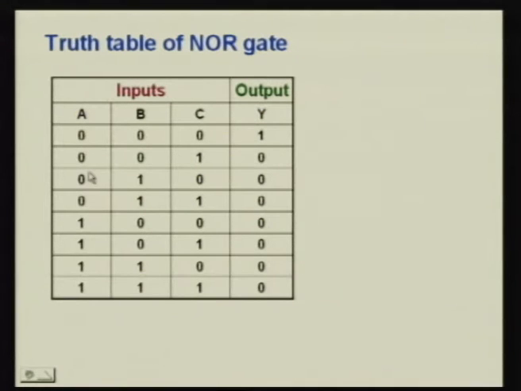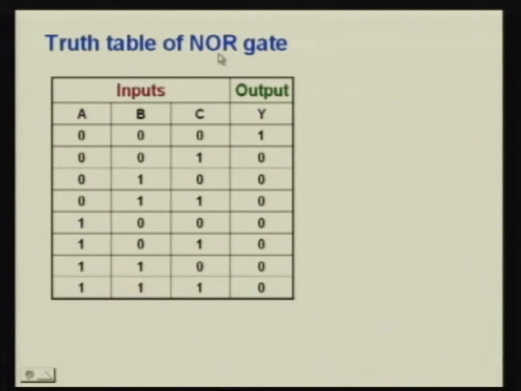For an OR gate, if any of the inputs is in one state, the output will be 1. Since in the NOR gate the output is inverted, if any of the inputs is in one state, the output will be 0.